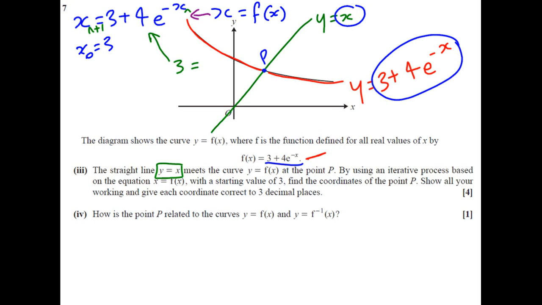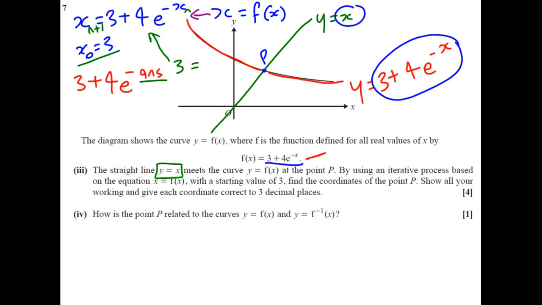That means 3 is saved in your calculator. Now type in 3 plus 4 e to the minus Ans. That means your previous answer is going to go into your equation. So let me type that in now.